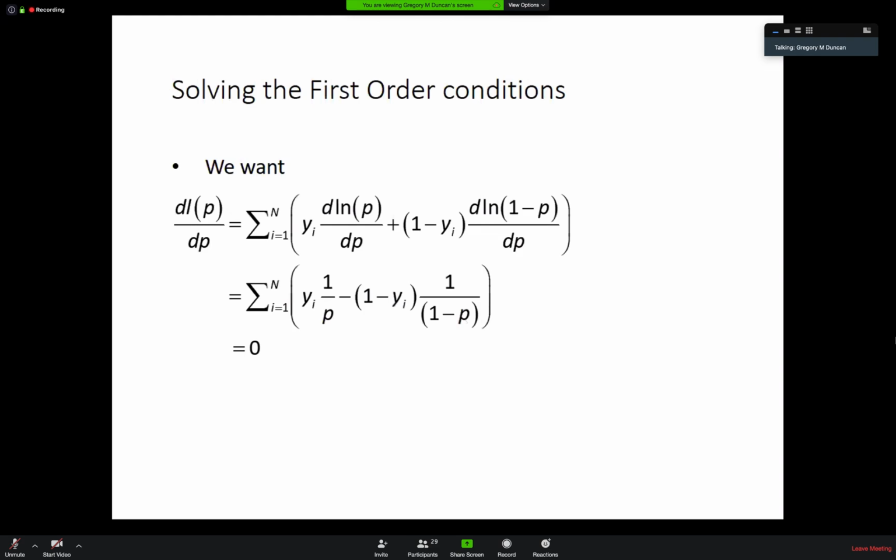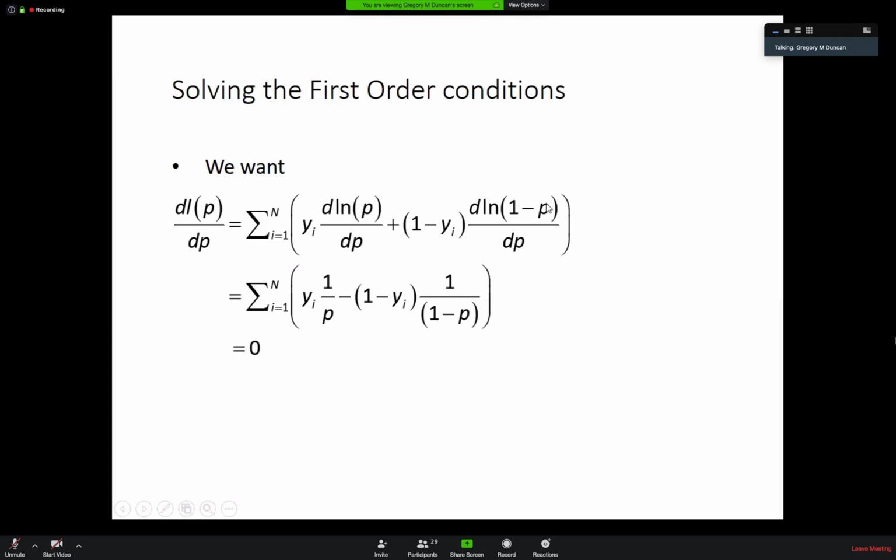We solve the first order conditions. That is, setting that equal to 0, that's called the first order conditions. So we have the sum of yi times the derivative of log p plus 1 minus yi times the derivative of log of 1 minus p. The derivative of log p is 1 over p.